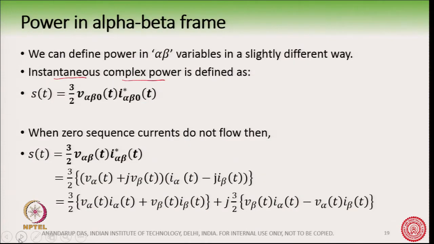So, similarly, we are defining here instantaneous complex power, and how are we defining it? S t is 3 by 2 V alpha beta 0 t into I alpha beta 0 t star. As per our convention, from the conventional definition of power, we always say that the power is 3 times V I star. And why do we do that star? We do the star because we take the reactive power flowing to an inductive load to be positive.